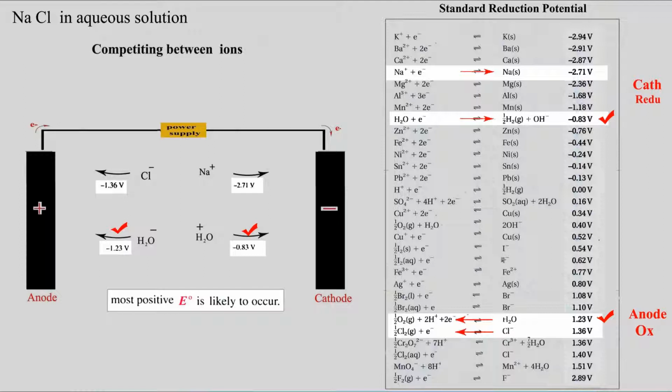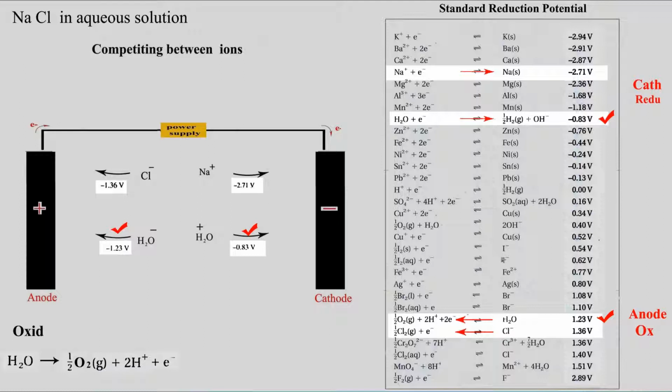So in a competition situation between ions, no matter anode or cathode, the most positive value is going to react. So from the table, you know the anode oxidizes: water becomes oxygen gas and hydrogen ion remains in solution.